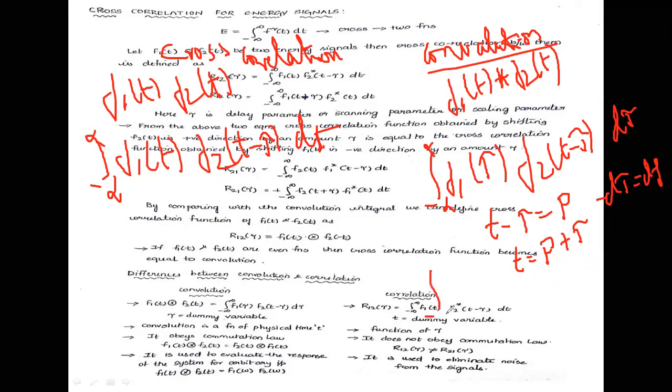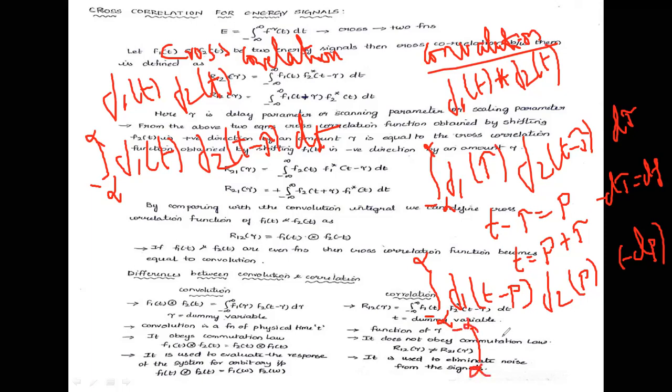The equation becomes the integral from minus infinity of f1 of tau, where tau is equal to t minus p, and f2 of t minus tau becomes f2 of p, with d tau equal to minus dp. When I change this, the minus becomes a plus. When tau is minus infinity, p is plus infinity, and when tau is infinity, p is minus infinity. So the limits become plus infinity to minus infinity, f1 of t minus p and f2 of p, now with dp.